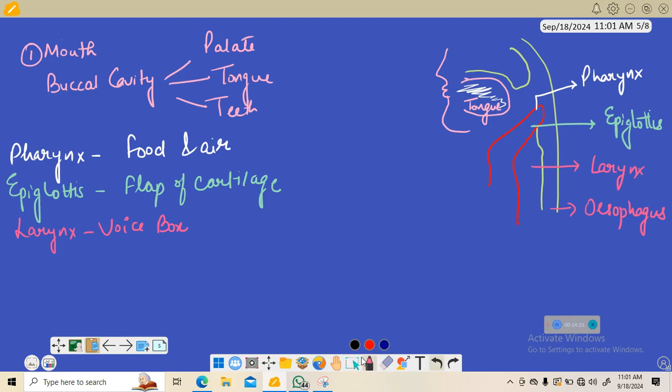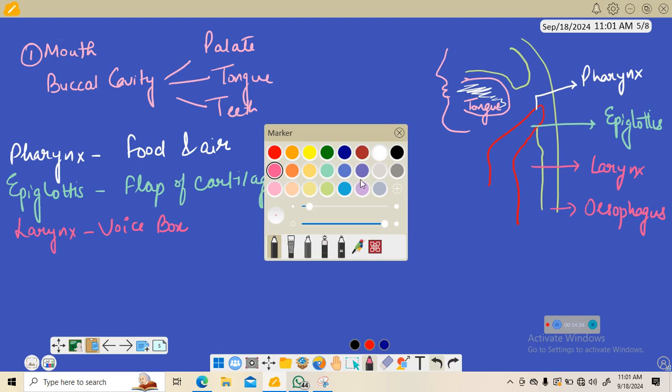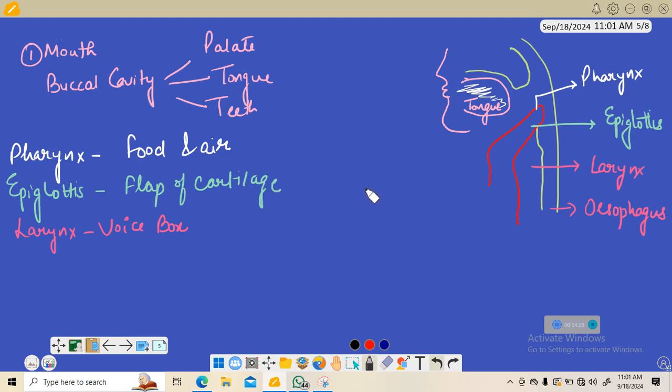So the buccal cavity, pharynx, epiglottis and larynx.